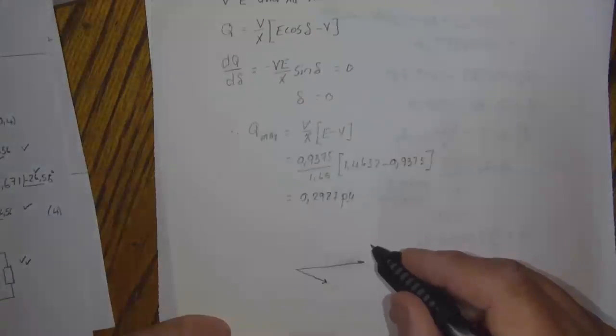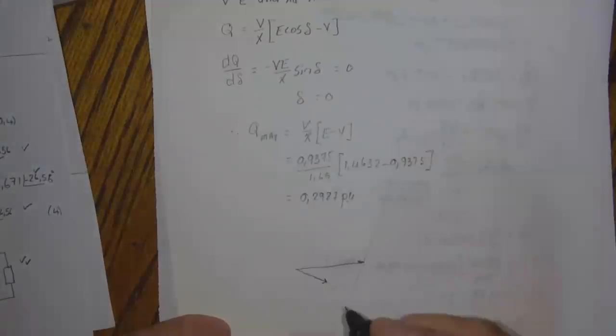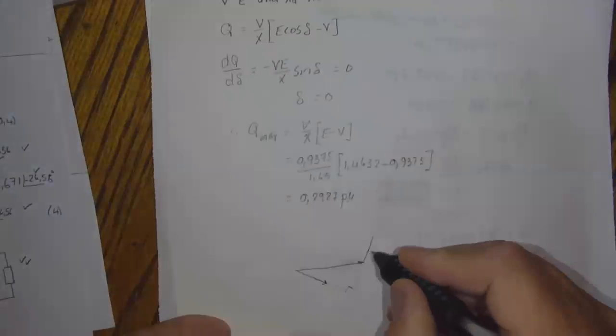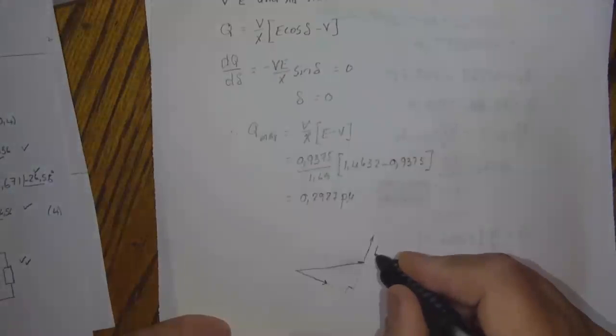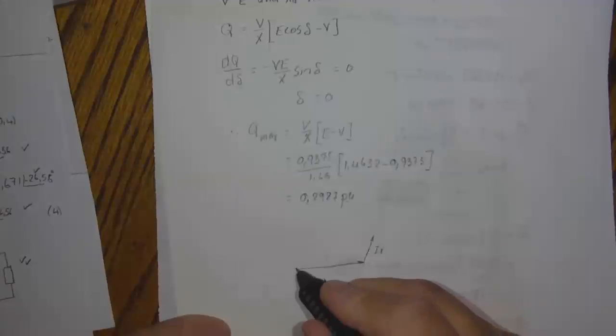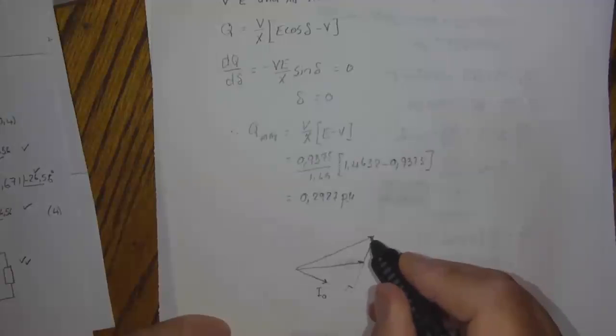we only have X. X is perpendicular to that current. Right? And then it goes there. So that's E1.